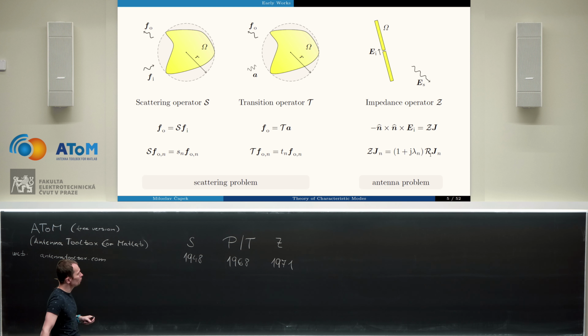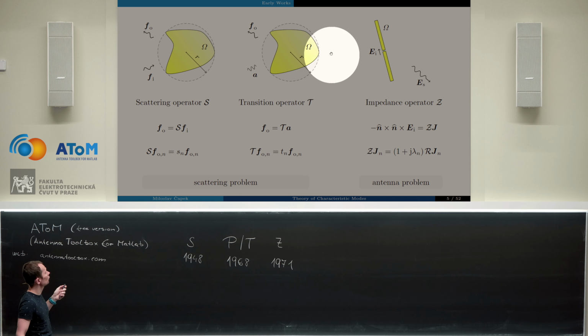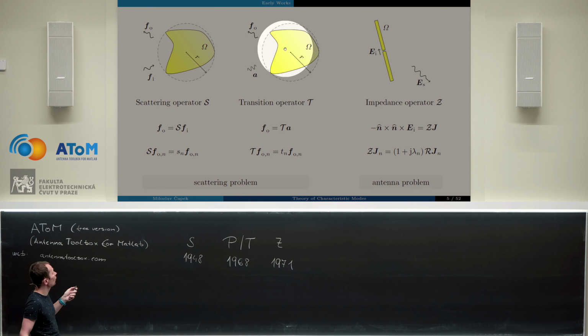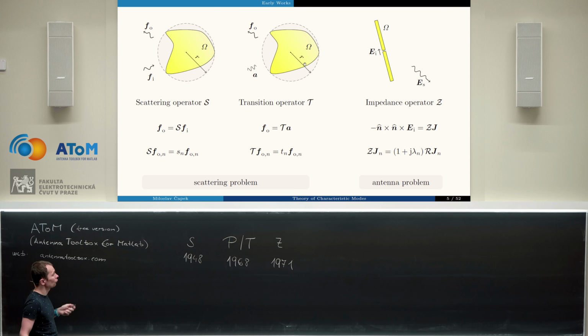But what I wanted to point out here is a very important observation, that the two problems on the left and in the middle are scattering problems. And with decomposition or with representation in spherical waves, we have to keep in mind that this is strictly valid only outside of the smallest circumscribing sphere, which is highlighted here by the gray color for the circle of the radius r.